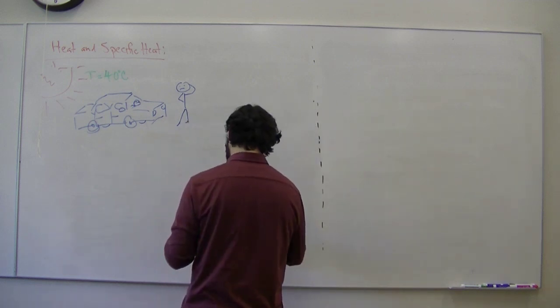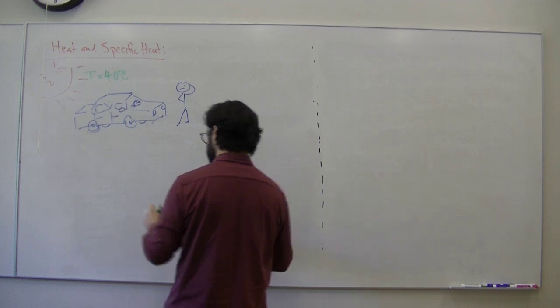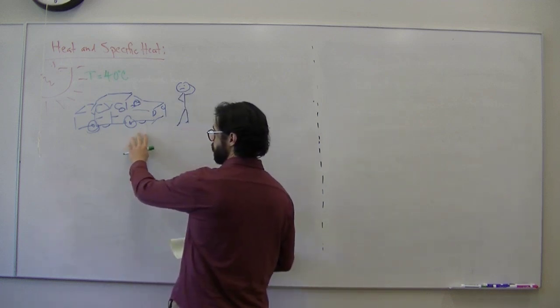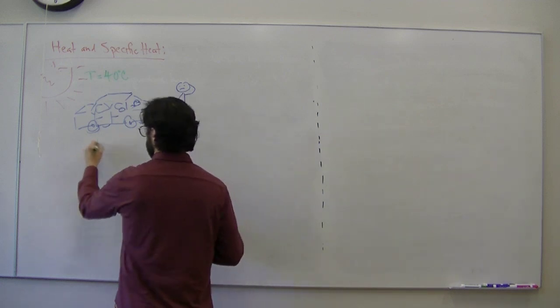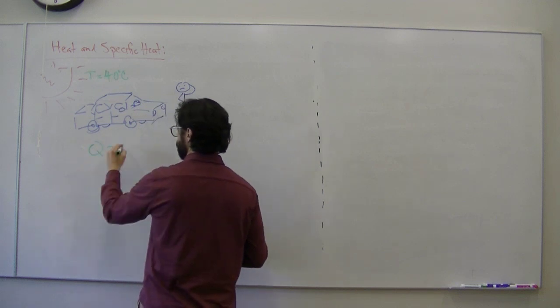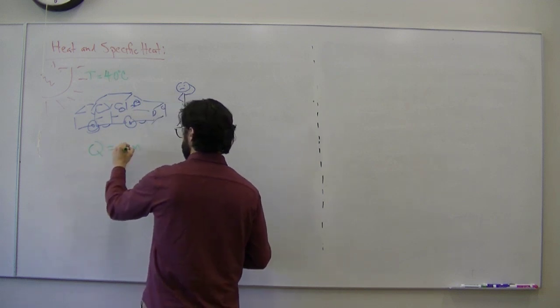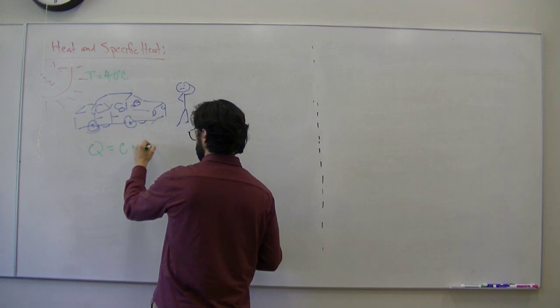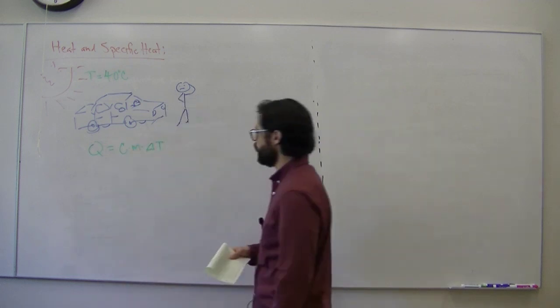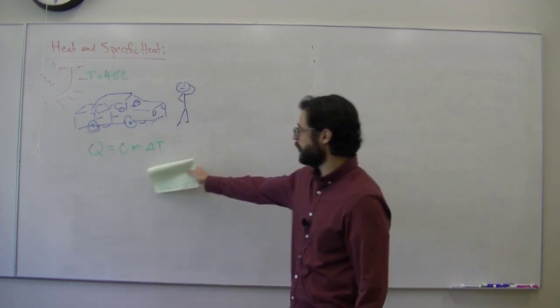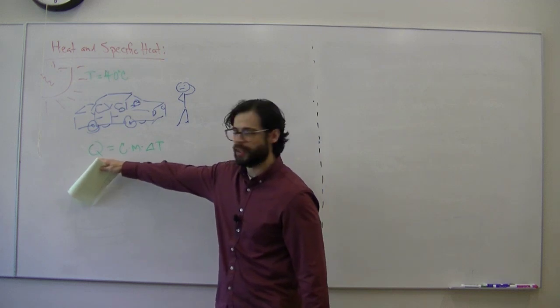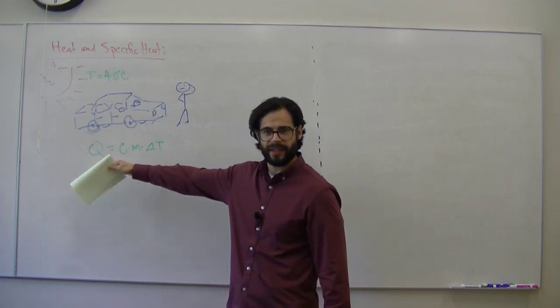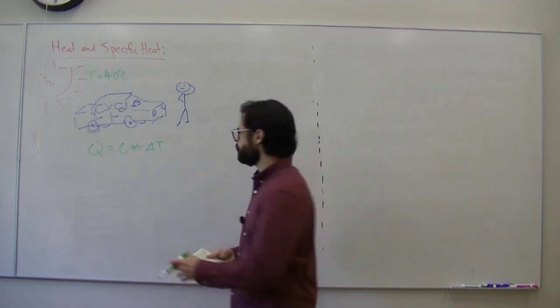Remember that the heat capacity of something is the energy it takes to increase it by some amount of temperature. So we have heat, and that's energy, is C times mass, since more mass means more energy to heat it up, times the delta T. And heat's always considered to be flow, so there's an implicit delta there in some sense.